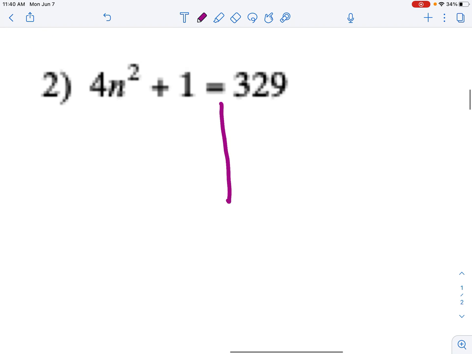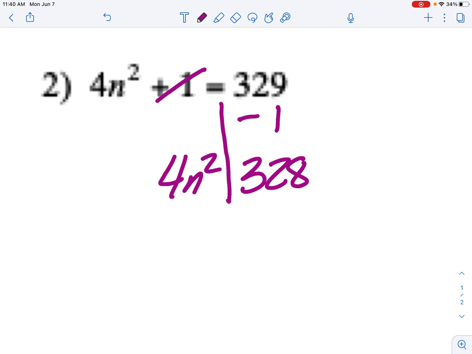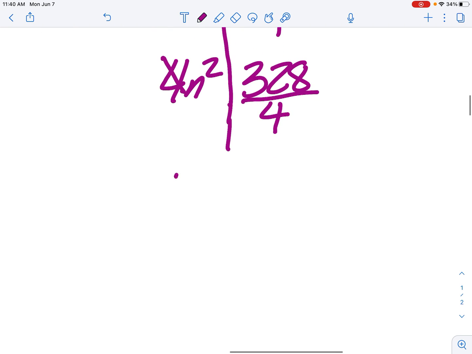All right, let's do number 2. Same thing. We're going to take 1, move it over, and make it minus 1. We're left with 4n squared this time. 329 minus 1 is 328. The opposite of multiplying by 4 is dividing by 4. So we get n squared is equal to 328 divided by 4, which is 82.